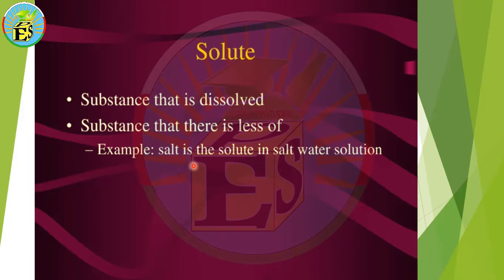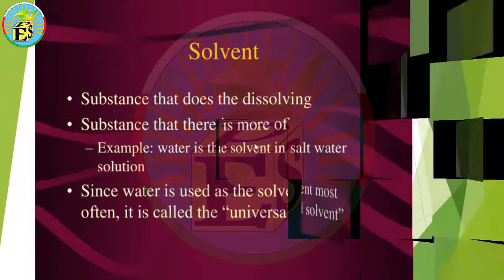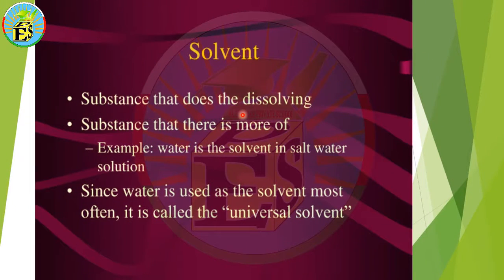Example: salt is the solute in a salt water solution. The solvent is the substance that does the dissolving, the substance that there is more of. Example: water is the solvent in a salt water solution. Since water is used as the solvent most often, it's called the universal solvent.